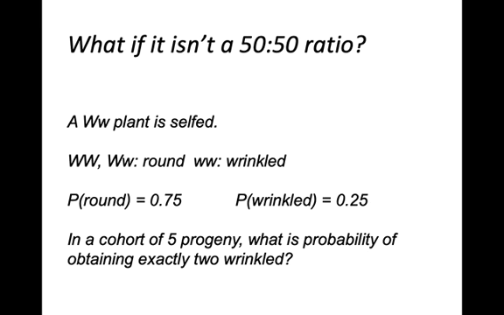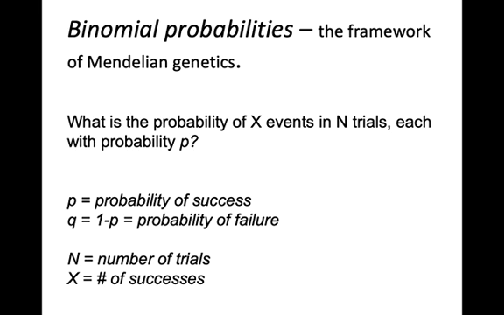But the generalized framework for these types of things is that, again, you talk about X events and N trials. But here now, instead of 0.5 always being the case for the probability, we give a value of P for the probability of success and a probability of Q, which is 1 minus P, as the probability of failure.